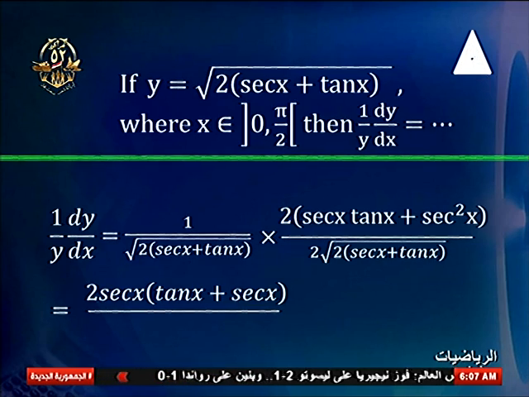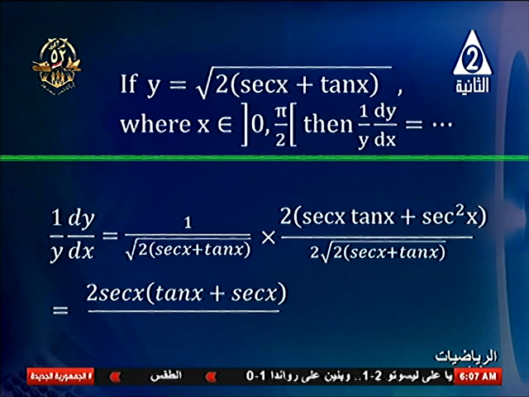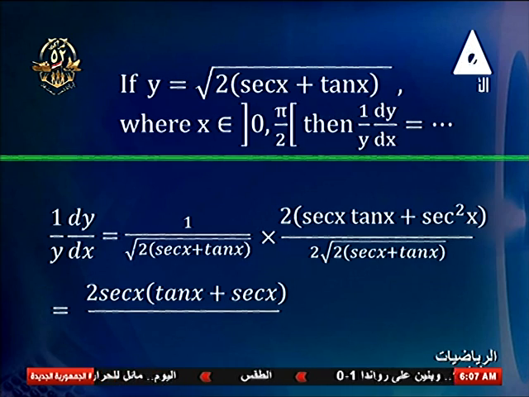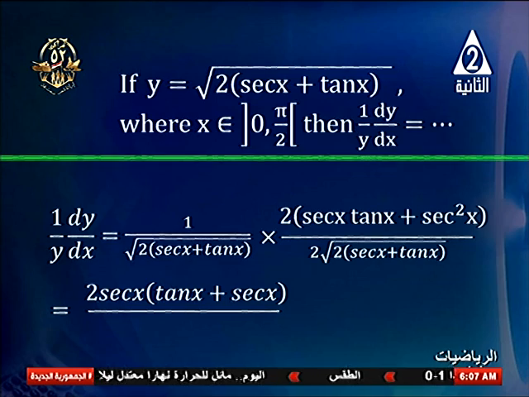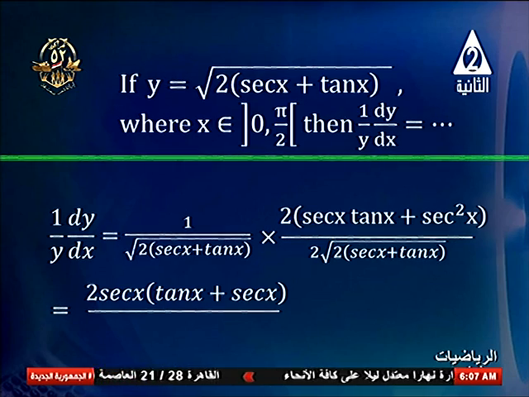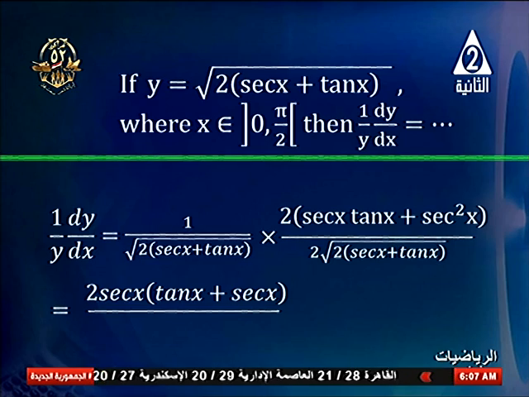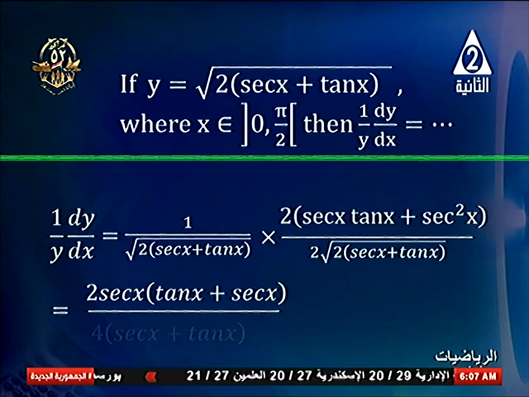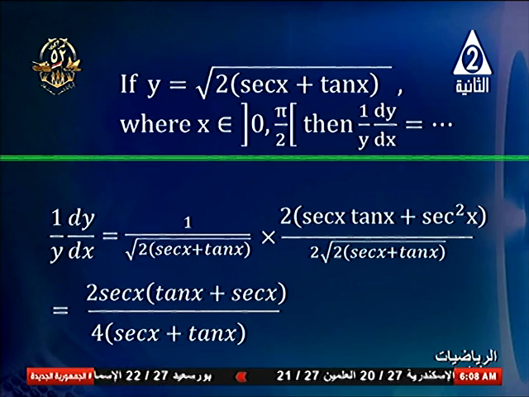Look, the right hand side became 2 sec x multiplied by tan x plus sec x. Why? Because we take sec x as a common factor from the numerator. Then the numerator became 2 sec x multiplied by the bracket containing tan x plus sec x, over 4 multiplied by sec x plus tan x.